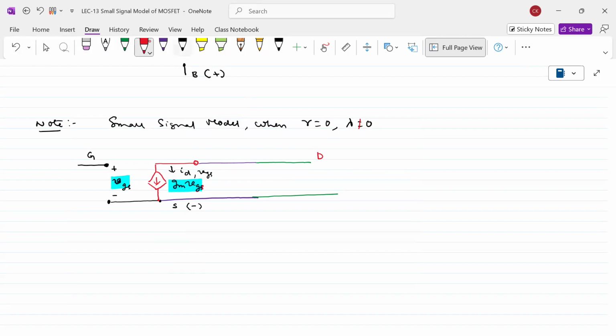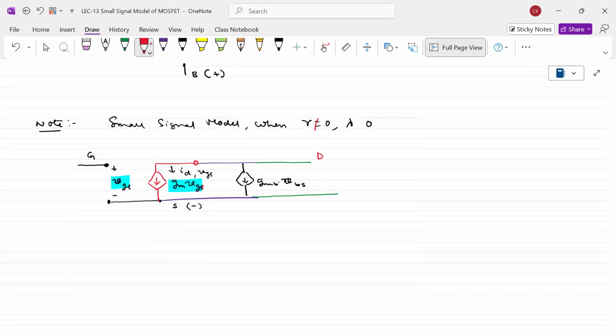You have to consider the current source. What is this value? GMB times VBS.